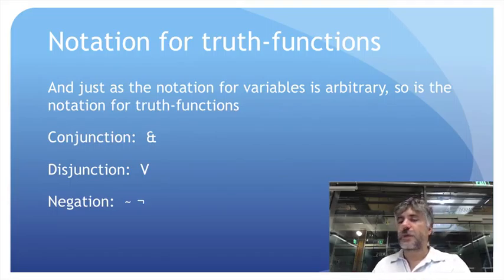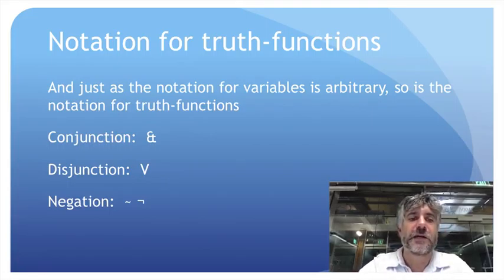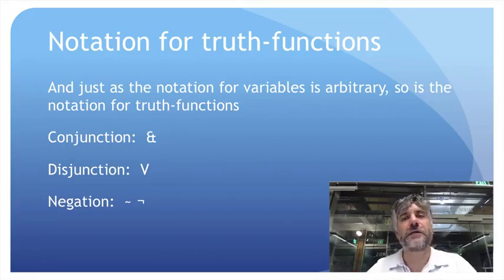And there are other truth functions as well that we're going to learn about in upcoming lectures. One is disjunction, which we normally express using an uppercase V, and another one is negation, which we can express using either one of these two signs that looks a little bit like a minus sign from arithmetic, but not exactly the same.